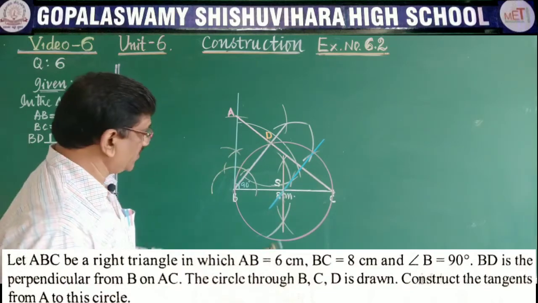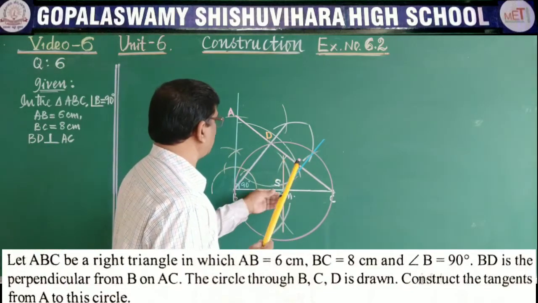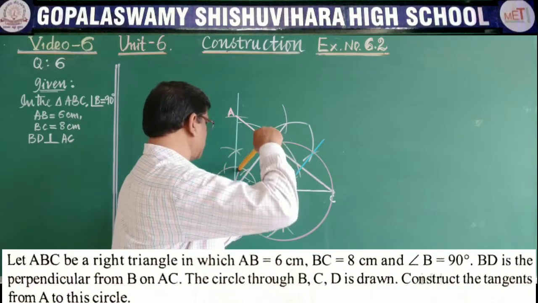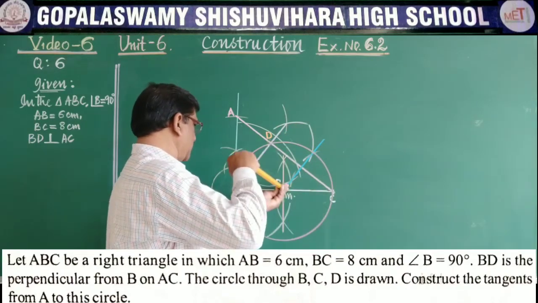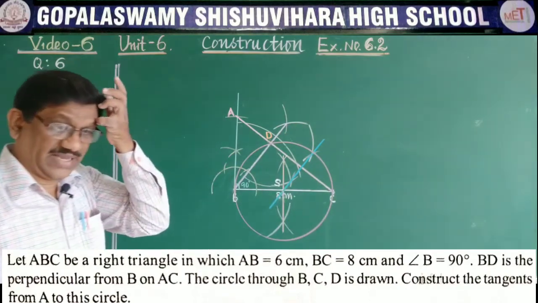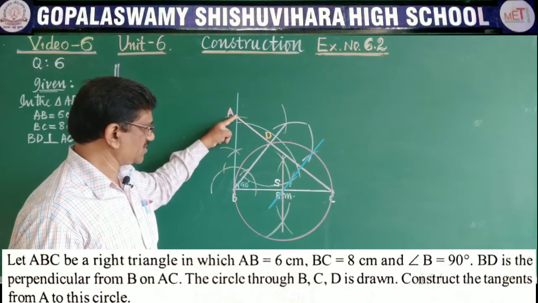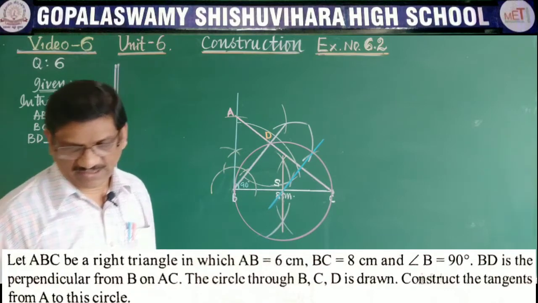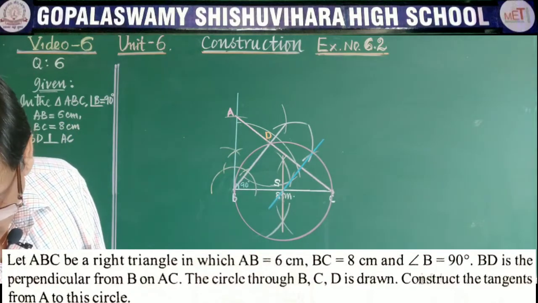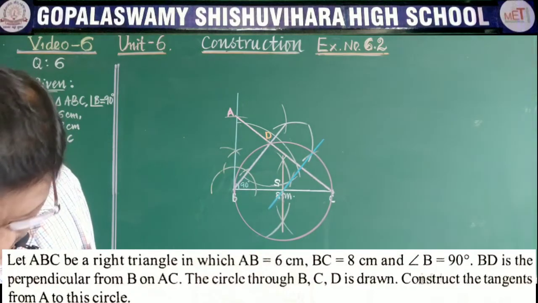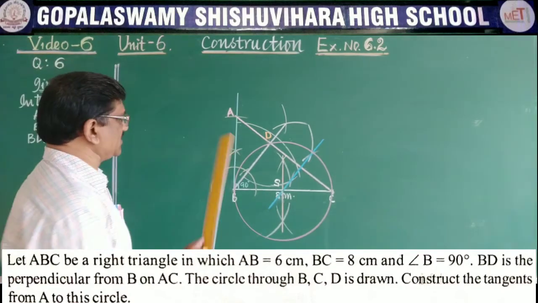Okay. For this circle, we have to construct 2 tangents from A. From A, we have to construct 2 tangents. Okay. So for that, what we have to do now? Join AS.